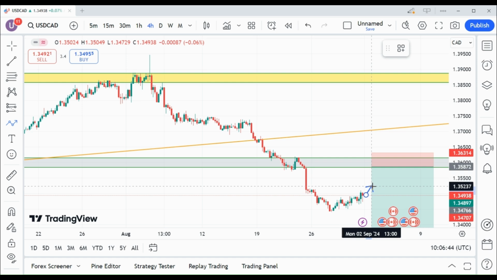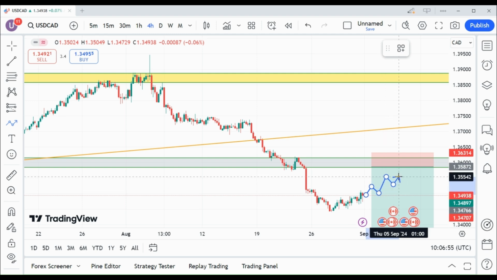Let me draw it. Price will be moving gradually like this, doing higher high, higher low, higher high, higher low. Boom, this is our point of interest. Immediately price comes to this zone and tests this zone, we wait for a change of character. What do I mean?